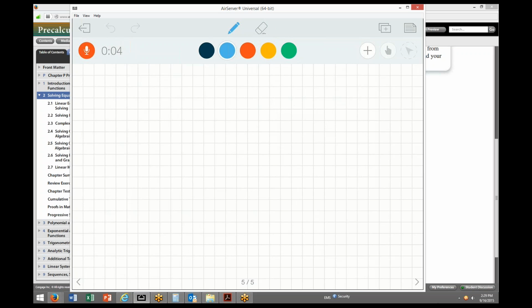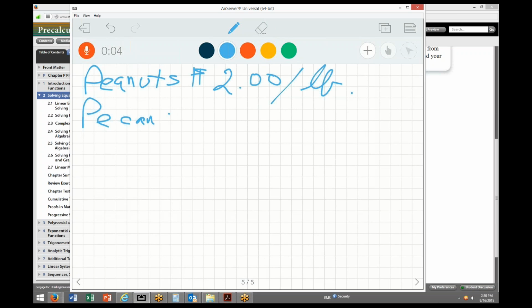If we had, for instance, a mixture of two types of nuts, say if we had peanuts that cost $2 a pound, and we had pecans, they cost $3 a pound.